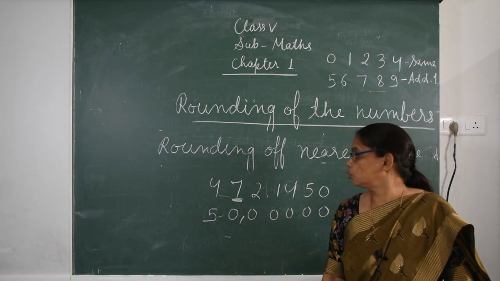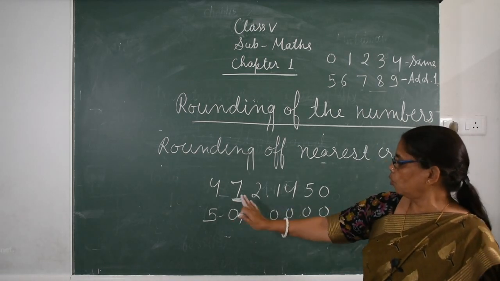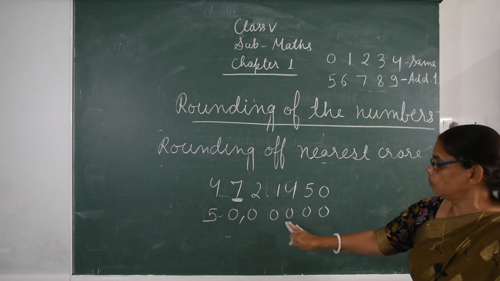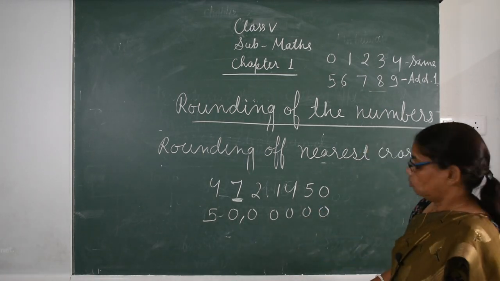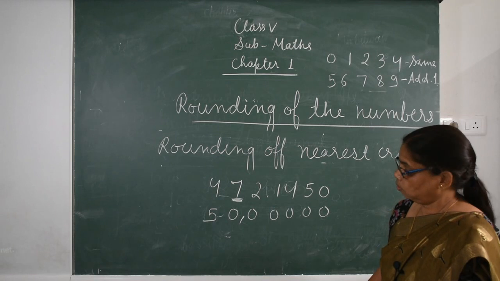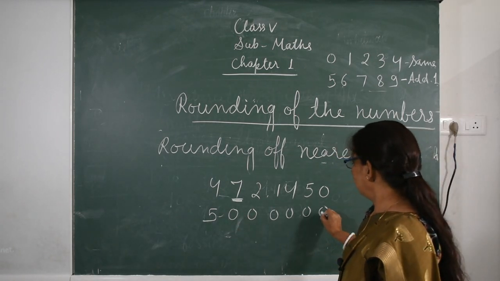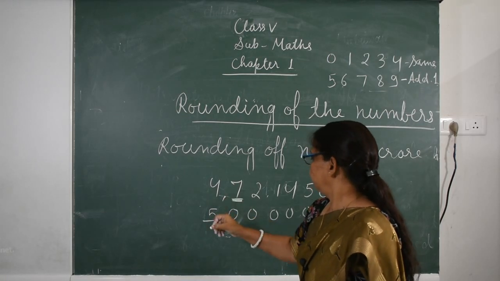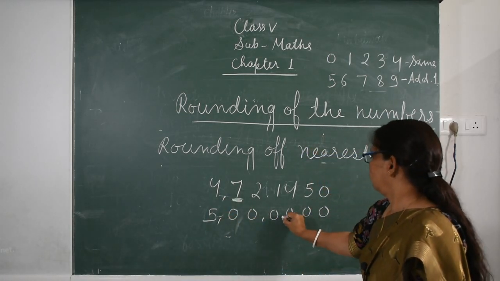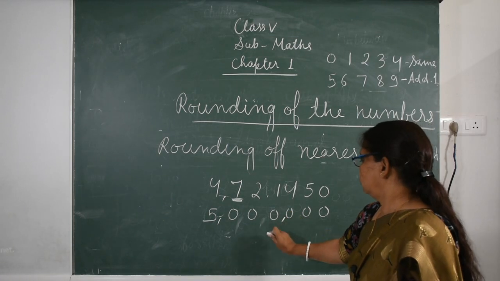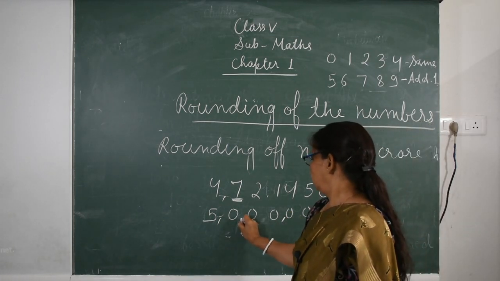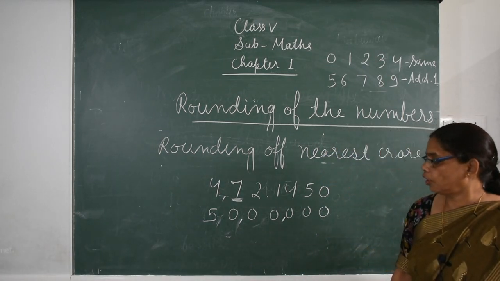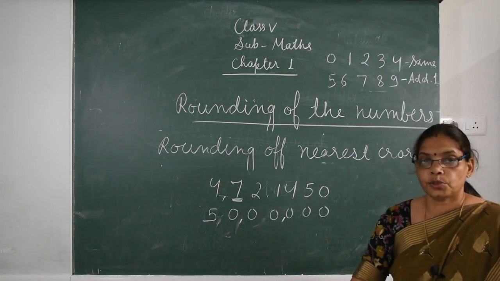So 47 crore 21 lakh 450 is nearest to 50 crore.